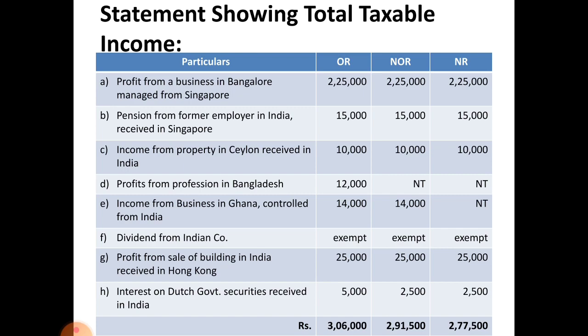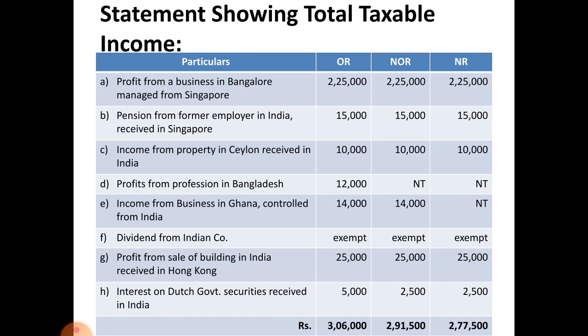Next one, income from business in Ghana controlled in India. Business is controlled from India, that is why not ordinarily resident also taxable. Next one, dividend from Indian company exempted from tax. Next one, profit from sale of building in India received in Hong Kong.